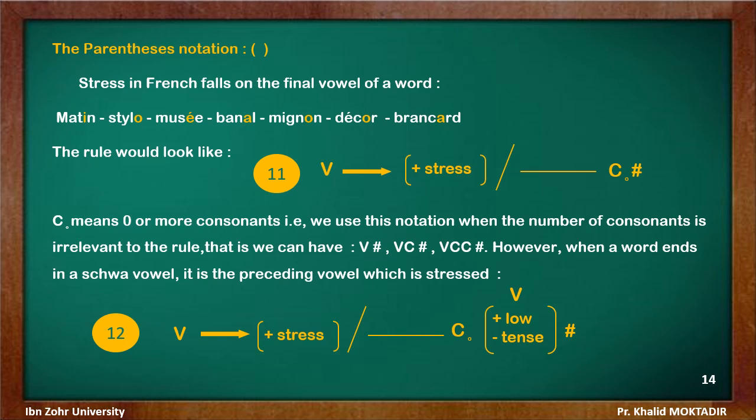So if you look at this, the rule will apply whether there is a schwa as in 12 or no schwa as in 11, which means that the schwa element or segment is optional.